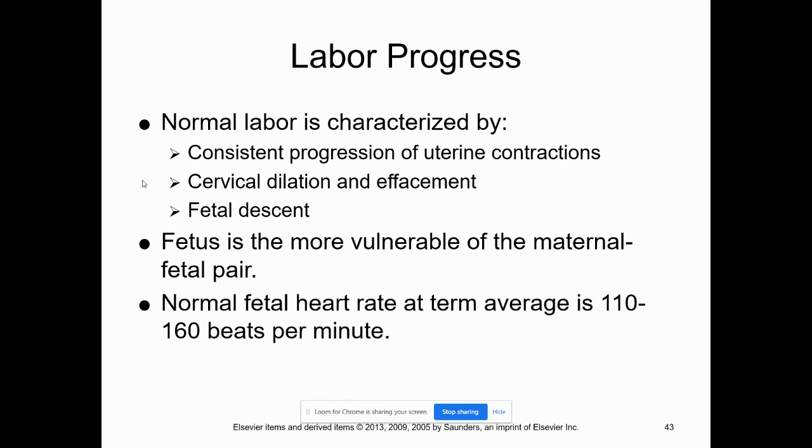So it's the most vulnerable and it's the least mature. Normal fetal heart rate at term averages 110 to 160 beats per minute. And while labor time varies amongst all women, what is accurate about that Friedman curve is that the multips do progress faster.